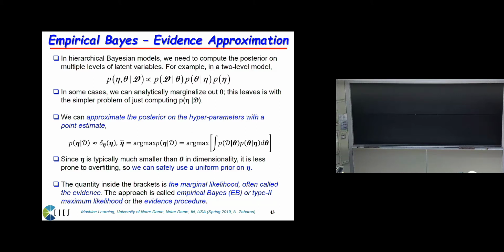This is what we call empirical Bayes, the evidence procedure, type 2 maximum likelihood, and other names depending on what books you read. This is a very fundamental problem and approach for hierarchical Bayesian models.